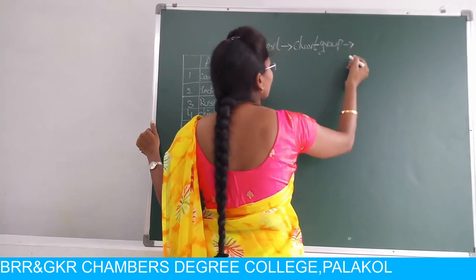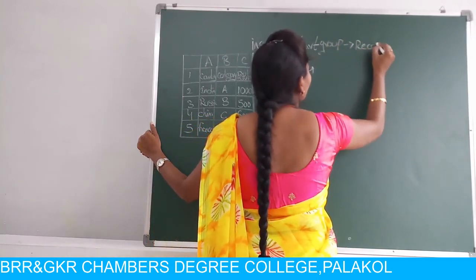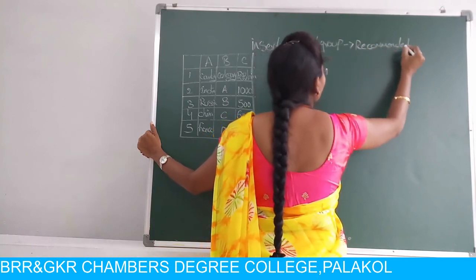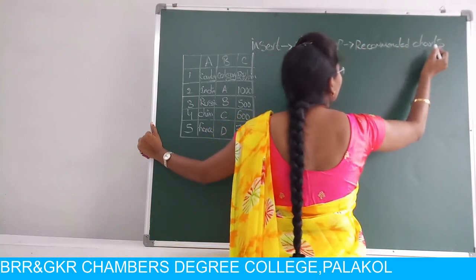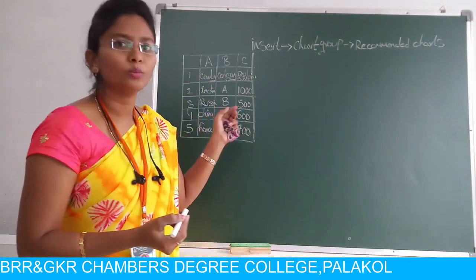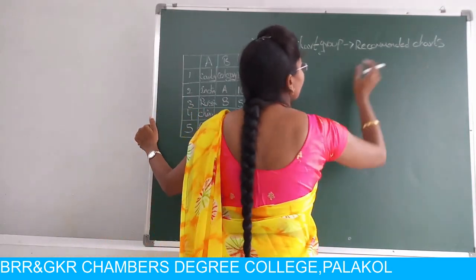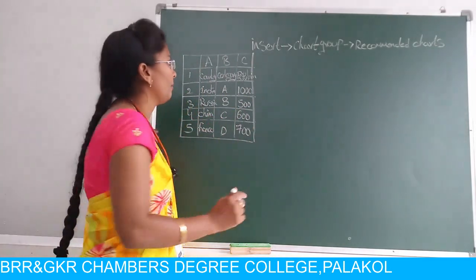In that chart group, select the recommended chart. Select the recommended chart option in the Excel sheet. After selecting the recommended charts, it will be turned into the data map.